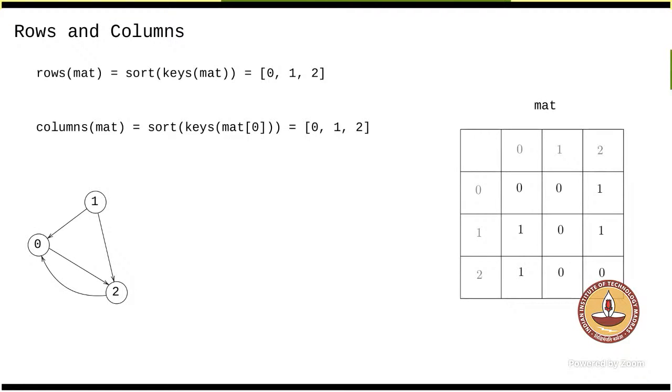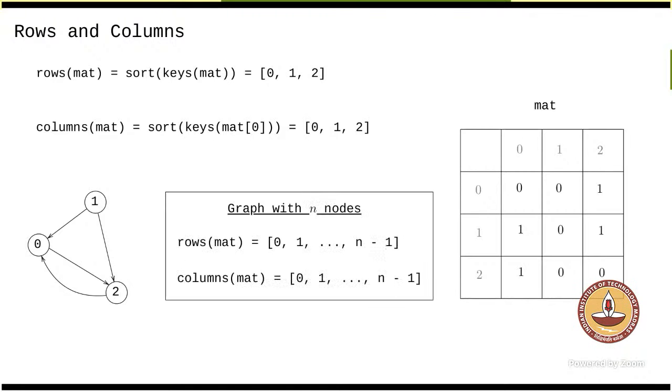Whether you do rows of a matrix or columns of an adjacency matrix, you will ultimately end up getting the same list. And the list will be what? 0, 1, 2, and so on till number of nodes minus 1. So in general, if you have a graph with n nodes, rows of the adjacency matrix will be this.